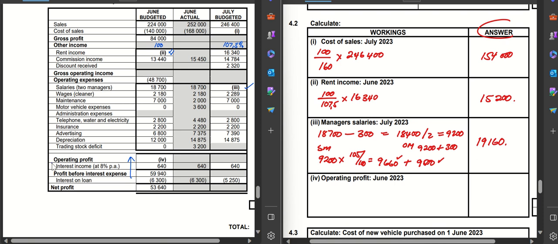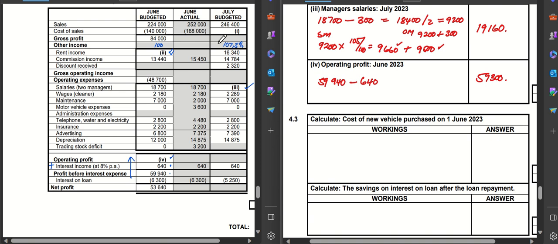Interest income is added. So we want to know what you had here that you added this one to get to that one. So if you do the opposite, then you get that amount. So you would say 59,940, then you say minus 640. That will give you 59,300. That becomes your operating profit.